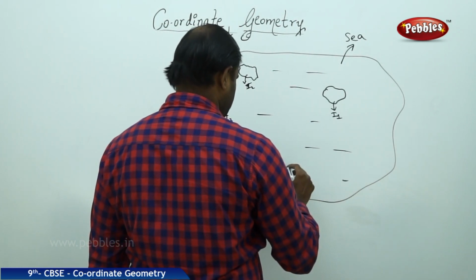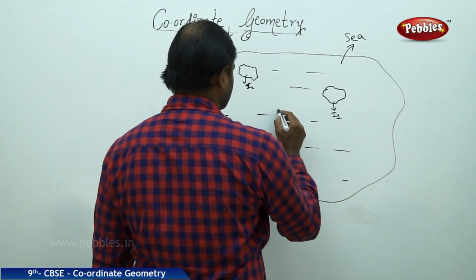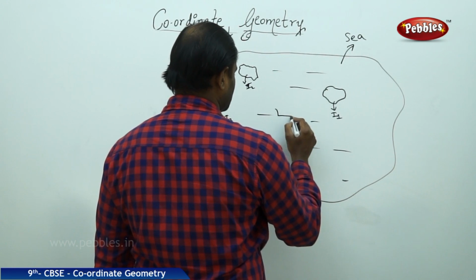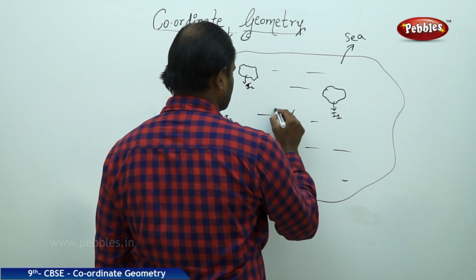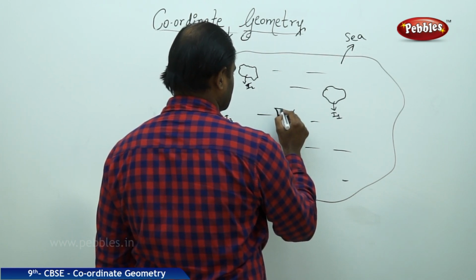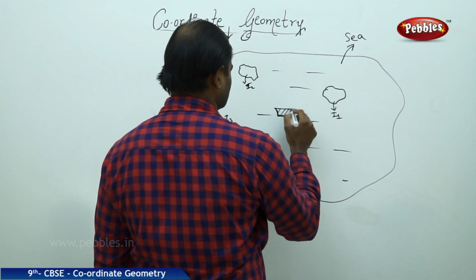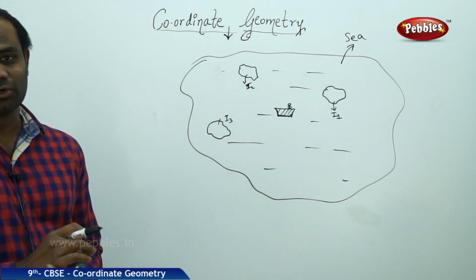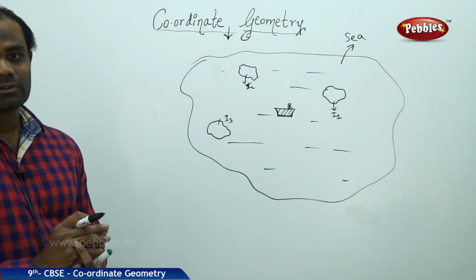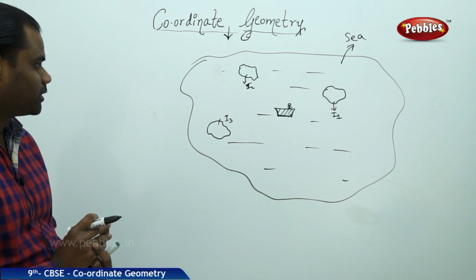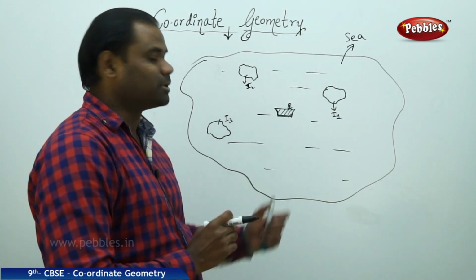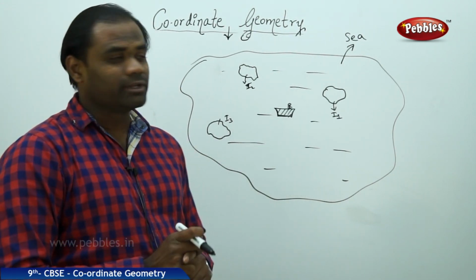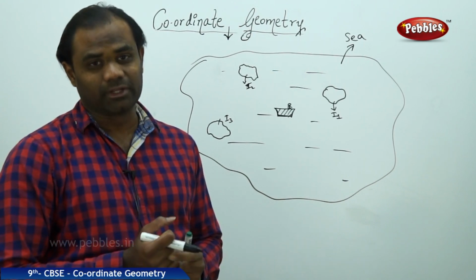Now the ship, which is out here, would like to reach the shore. So let's see where it reaches. The person in the ship would be puzzled to know which is the nearest island he can reach.